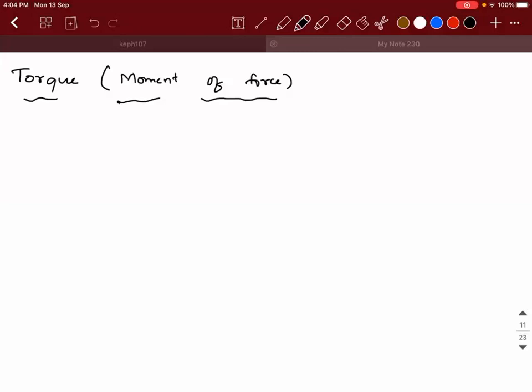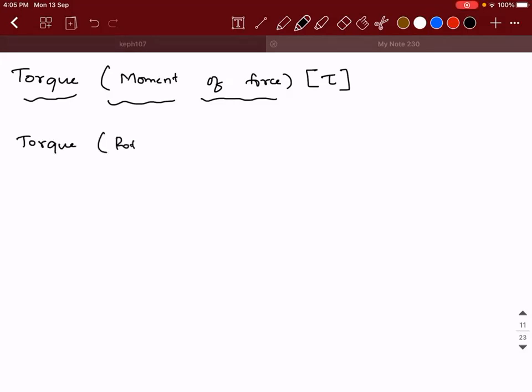Okay. So torque is basically represented with the symbol tau. Right, so write it down.